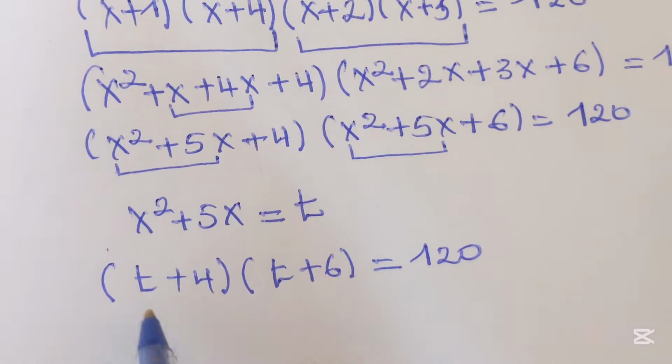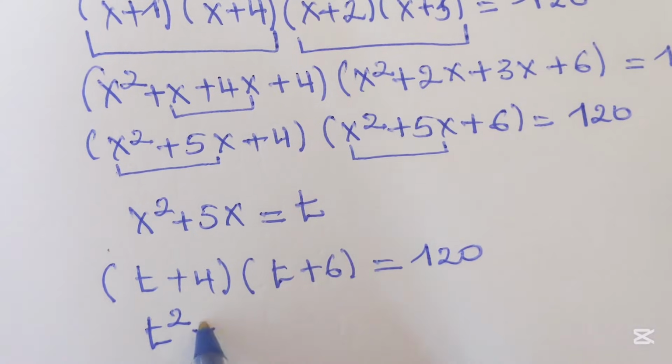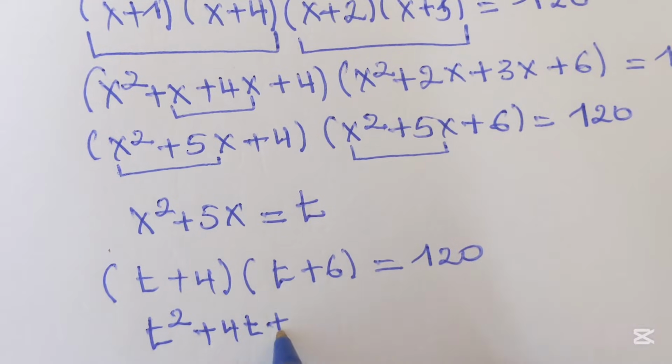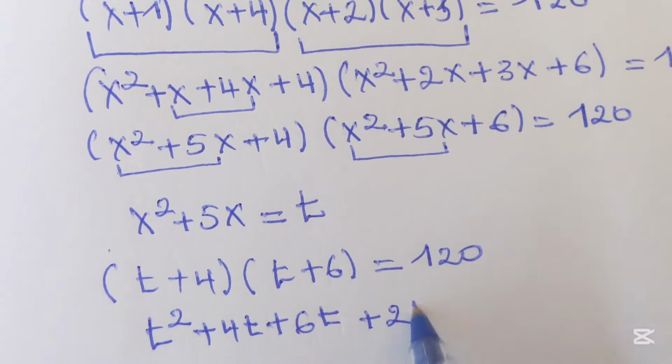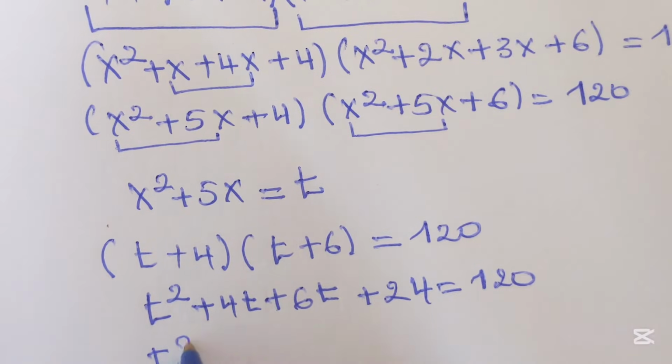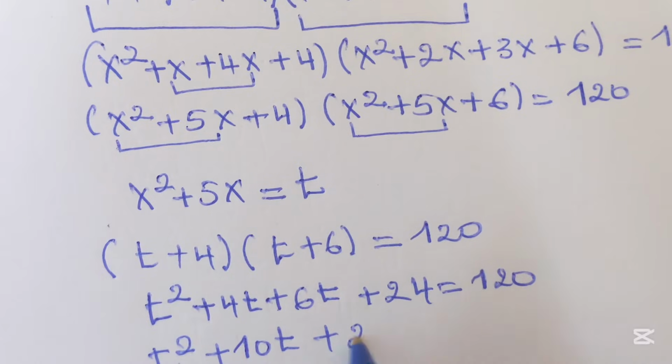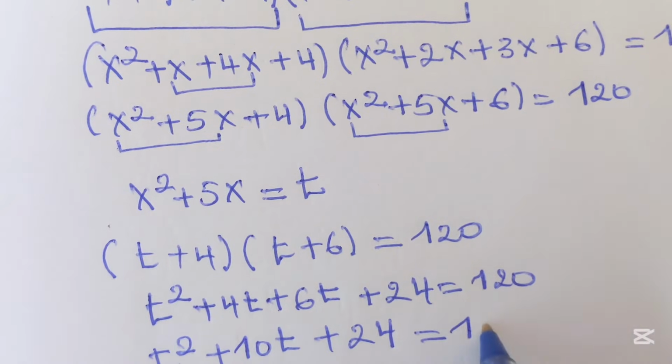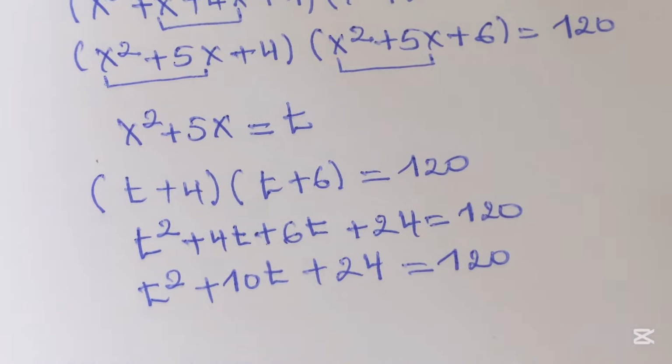Then by multiplying as we did, we get t squared plus 6t plus 4t plus 24 equals 120. Okay, now t squared plus 10t plus 24 equals 120.